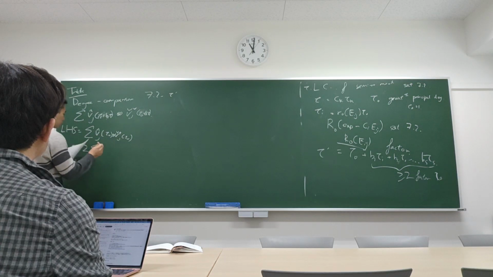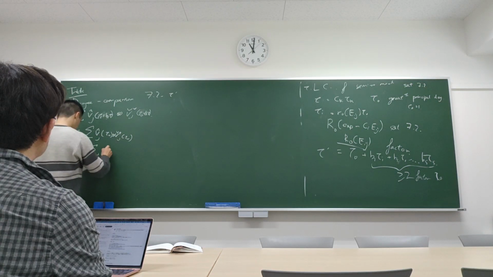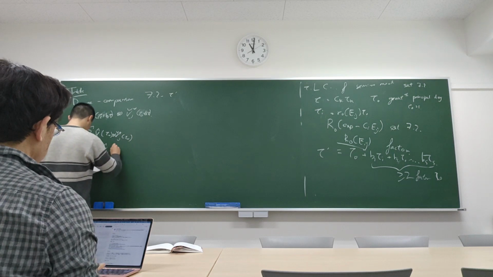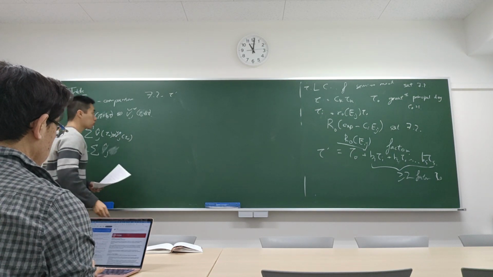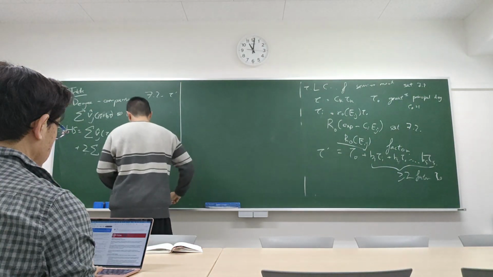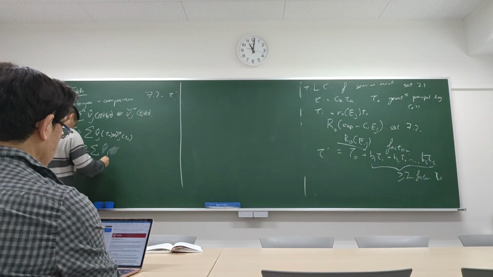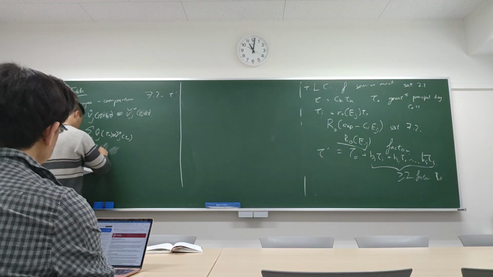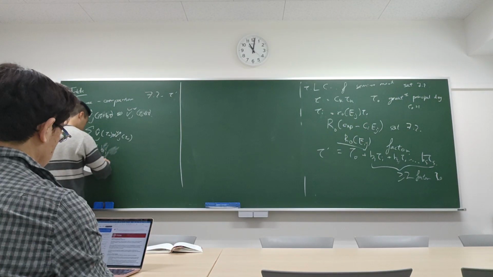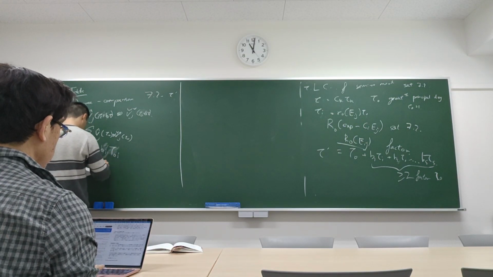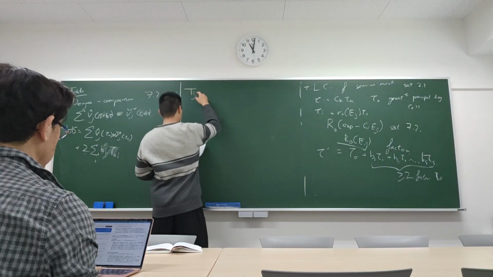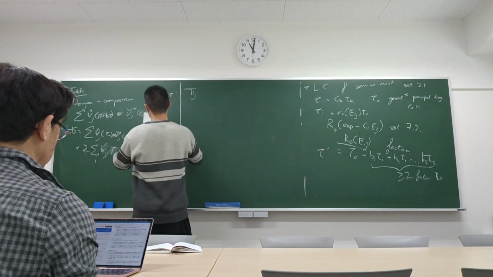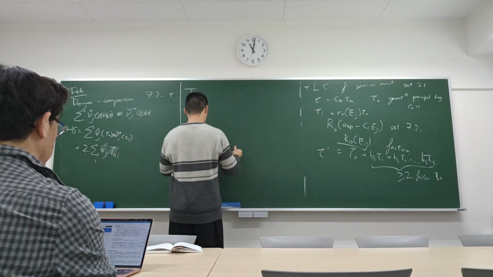But because of the symmetry, we can write 2 times b_j b_i tau_0 tau_i over i, where this tau_ij is defined to be exactly this symmetric sum going on.